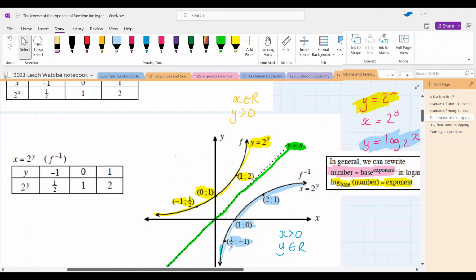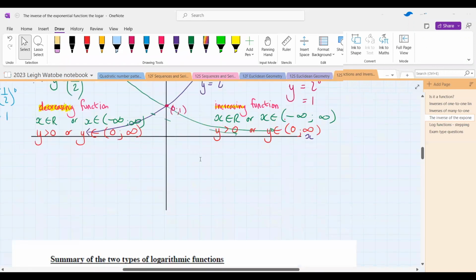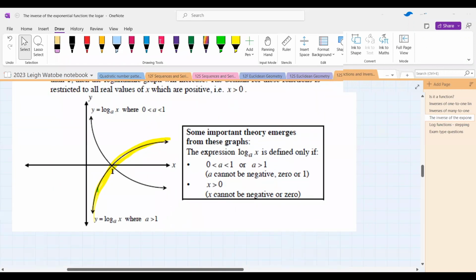There's the graph of the inverse. Can you see that they are both increasing functions? As x is getting bigger, y is getting bigger. So the exponential function and the logarithmic function are both increasing functions. It would be the same thing here.